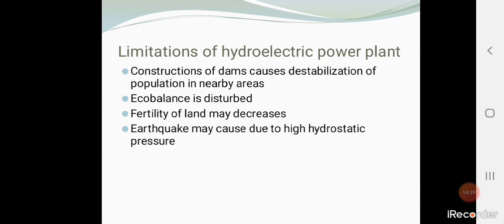Definitely they have to displace those people. Then the eco balance is disturbed. Of course, by constructing a dam and all, our eco balance gets disturbed. Fertility of land may decrease. Am I right? Earthquakes may be caused due to high hydrostatic pressure. Sometimes there is a possibility of earthquake also, guys.